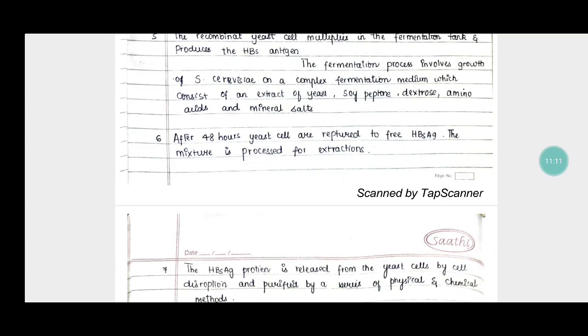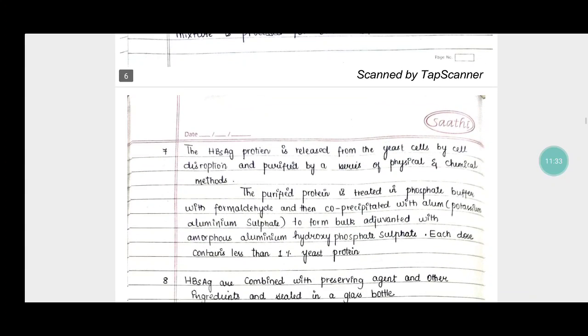After 48 hours, the yeast cells are ruptured to free the HBS, that is surface antigen, and the mixture is processed for extraction. The HBS antigen protein is released from the yeast cell and purified by a series of physical and chemical methods.